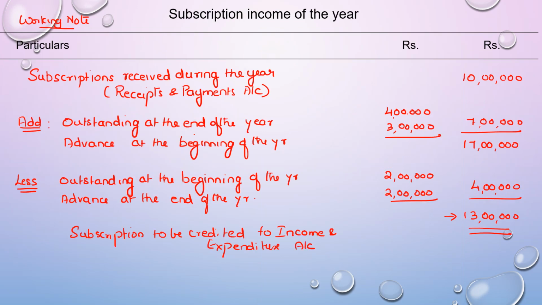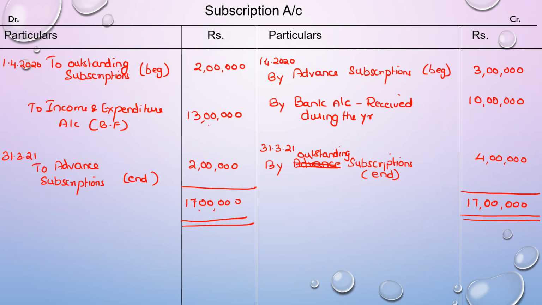So if you look, the statement method or the account method, whichever is easier for you, you can choose that particular method and do the computation, and you can give a reference to the working note and write this amount on the credit side of your income and expenditure account.